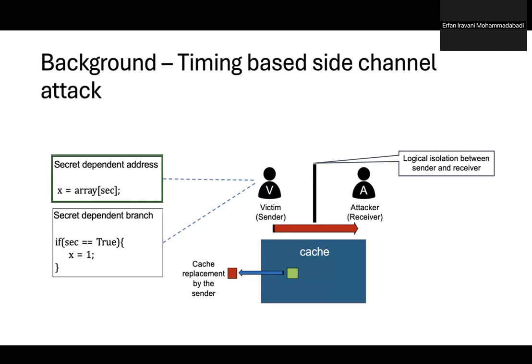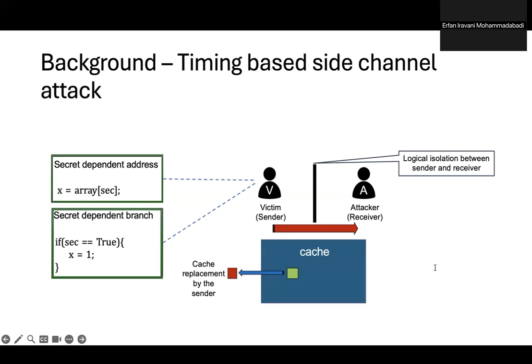Later, the attacker can access the same cache lines as those that are shared among the victim and the attacker, and measure how long each access takes, as shown in the flush reload attack. And basically, the cache line that responds fast reveals the index and thus the secret.